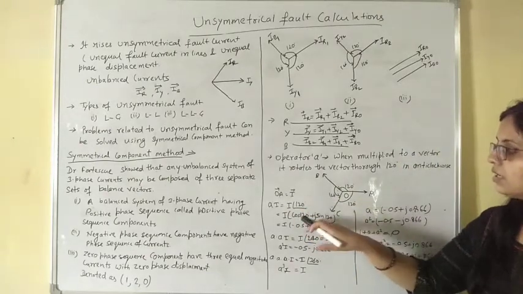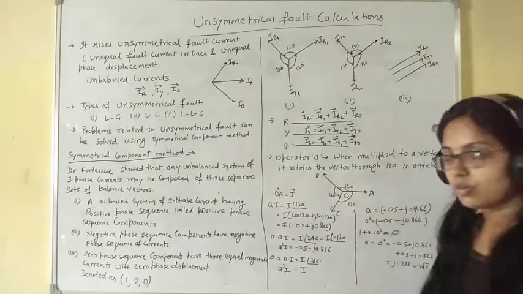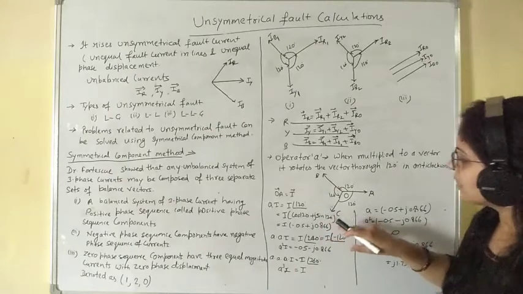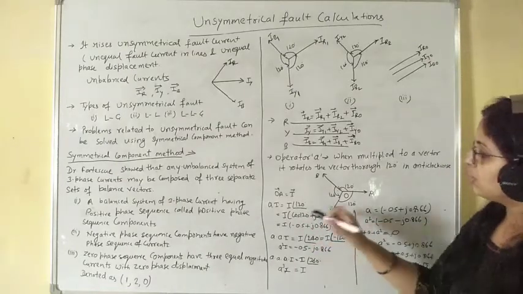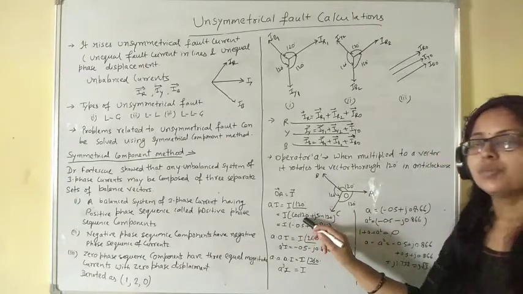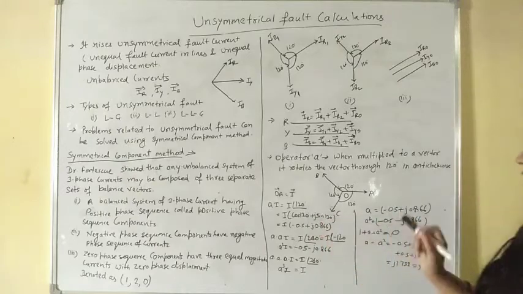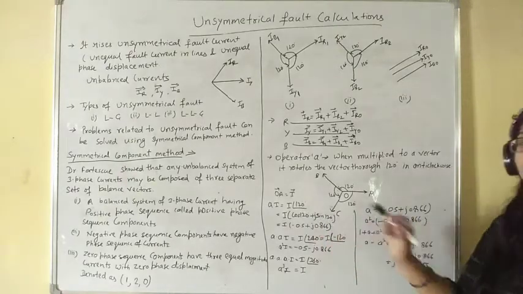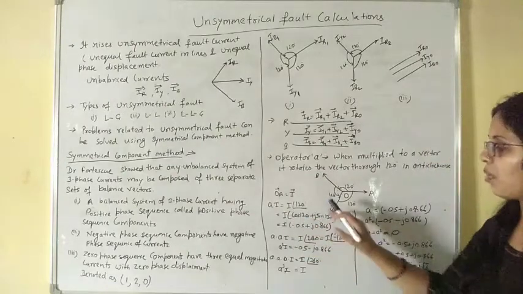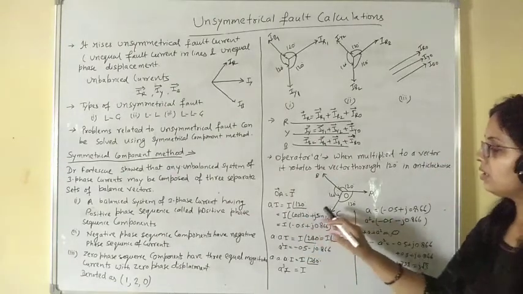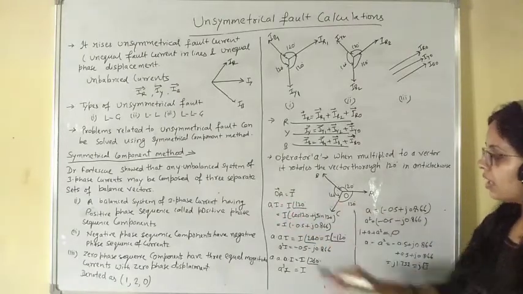Then the representation of this in rectangular form. What is rectangular form? Rectangular form has a real component and an imaginary component also. So for the real component we write cos 120 degrees plus the imaginary component as j sine of 120 degrees. So this whole thing is called the rectangular form.